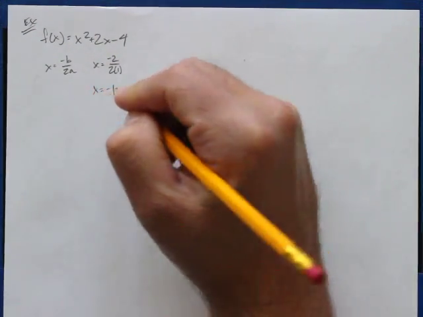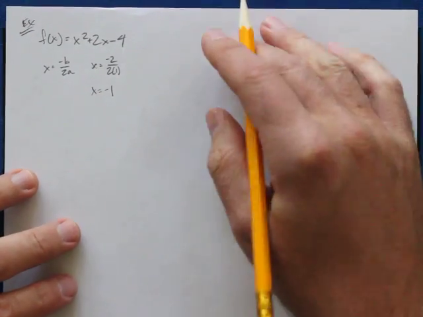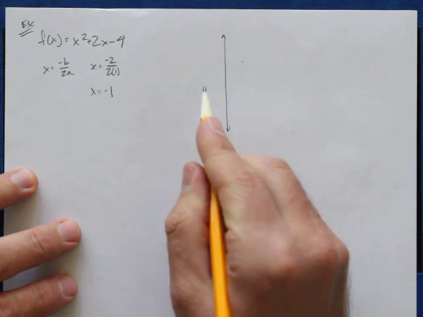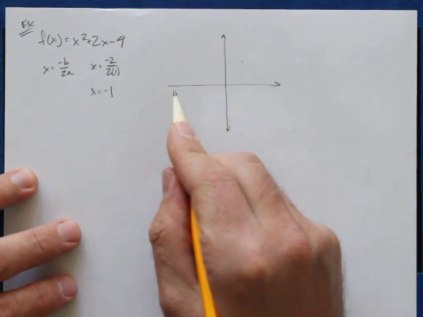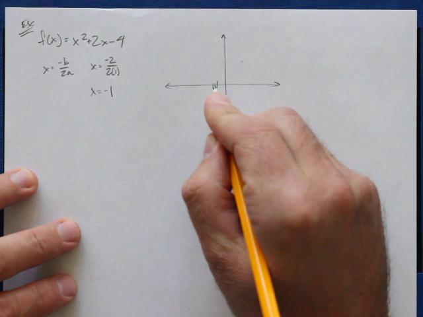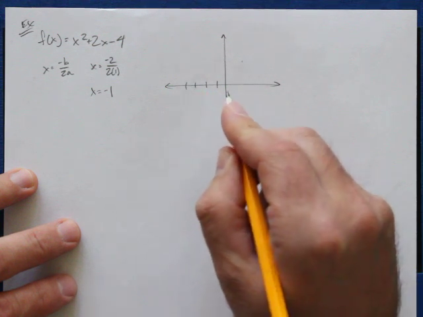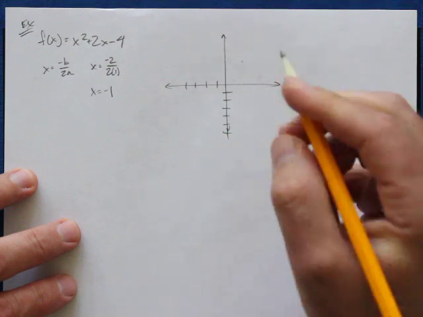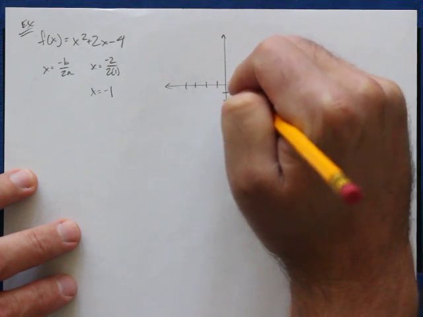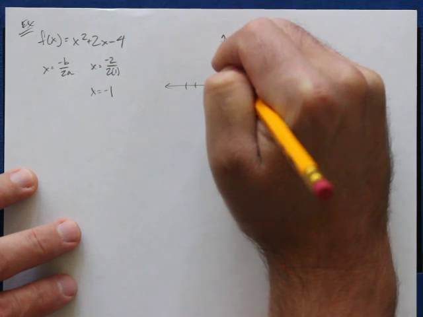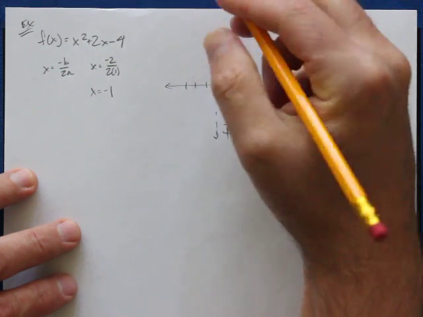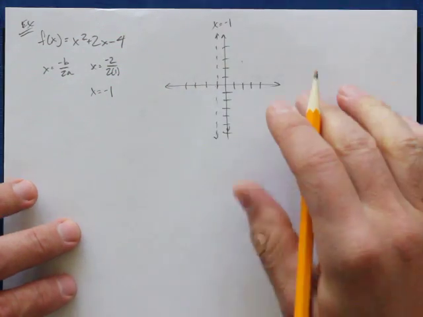x equals negative 1 is going to be my axis of symmetry. So negative 1. x equals negative 1, there's my axis of symmetry.